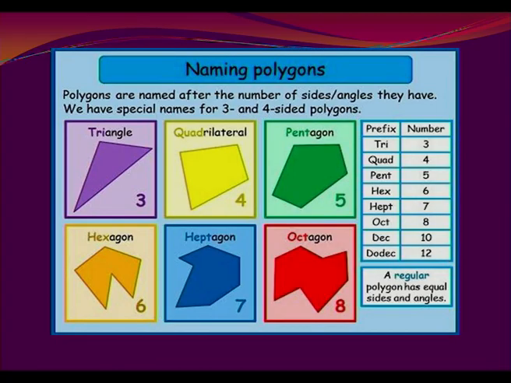Okay. Naming of polygons: polygons are named after the number of sides or angles they have. We have special names for the 3 and 4 sided polygons. If a polygon has 3 sides, it is a triangle, then quadrilateral, pentagon, hexagon, octagon, like this we can name the polygons.